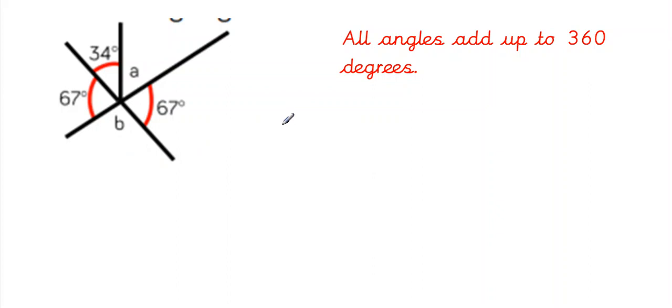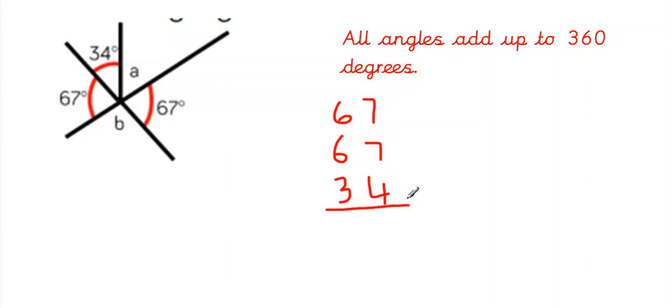The first thing I'm going to do is work out how many degrees I've got altogether. So I'm going to add 67 and 67 and 34. Remember, all of my angles add up to 360 degrees.